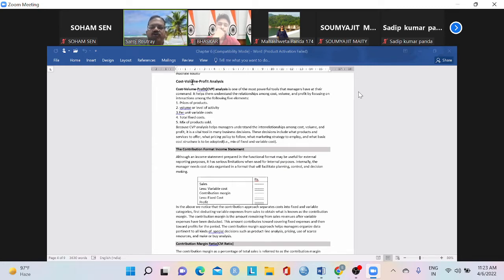Or if you want to make a certain amount of profit, what should be our sales? Or similar kinds of decisions. Like if you have 2-3 alternatives, which alternative is best for the organization.